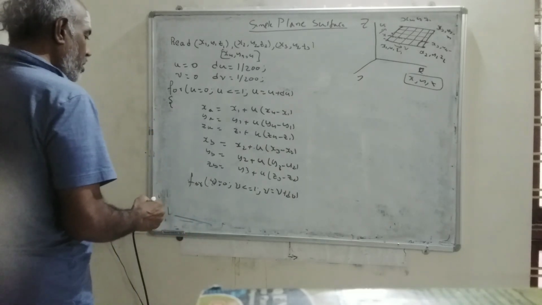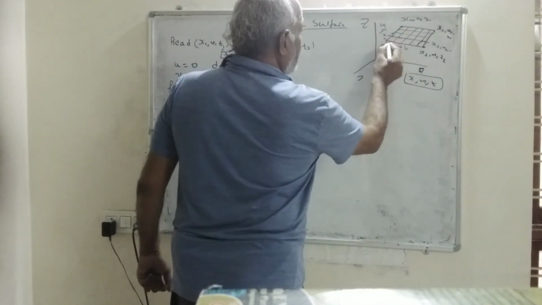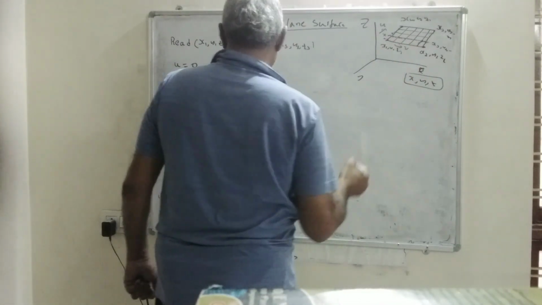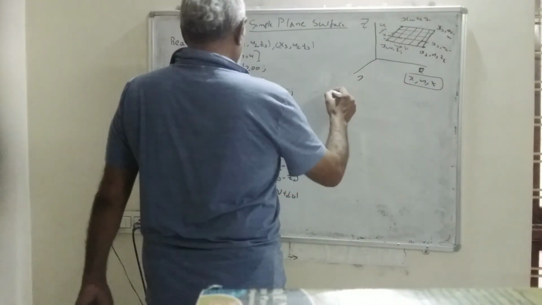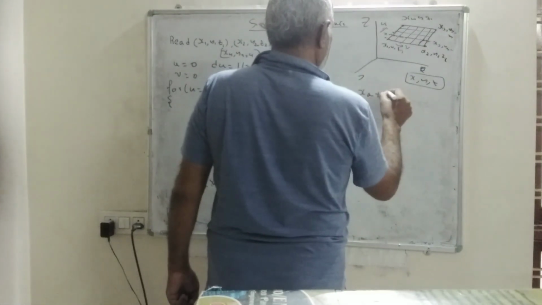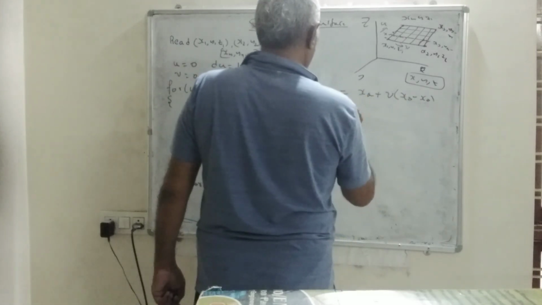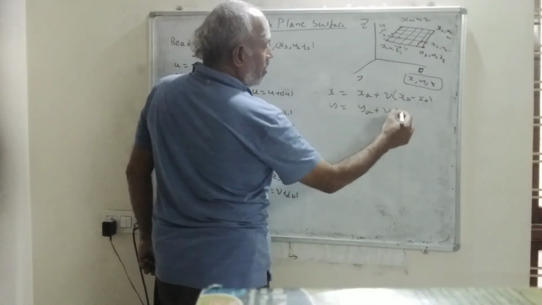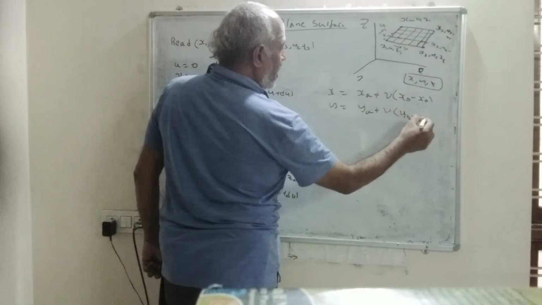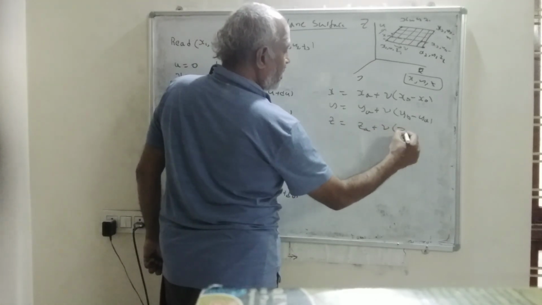Now you have to find a point between these 2 points. So x is equal to xa plus v into xb minus xa, y is equal to ya plus v into yb minus ya, z is equal to za plus v into zb minus za.